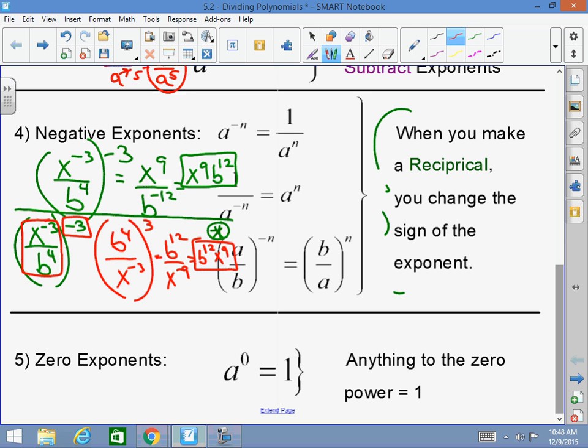Does that make sense, sir? Do you see why I didn't change the sign inside of the parentheses now?